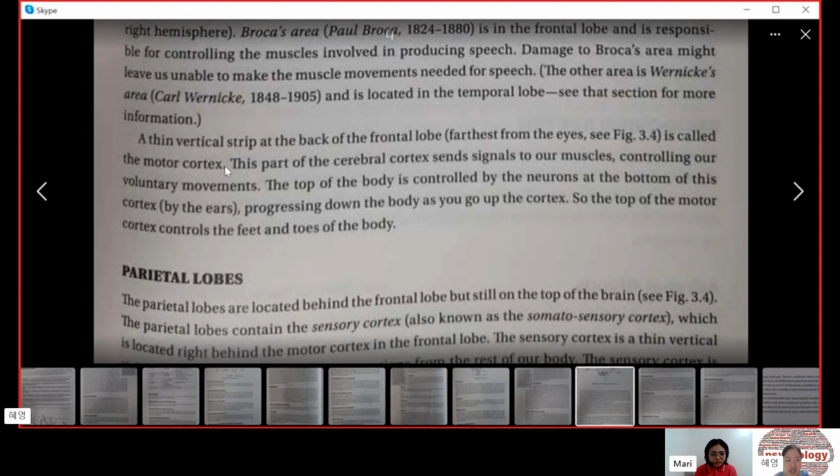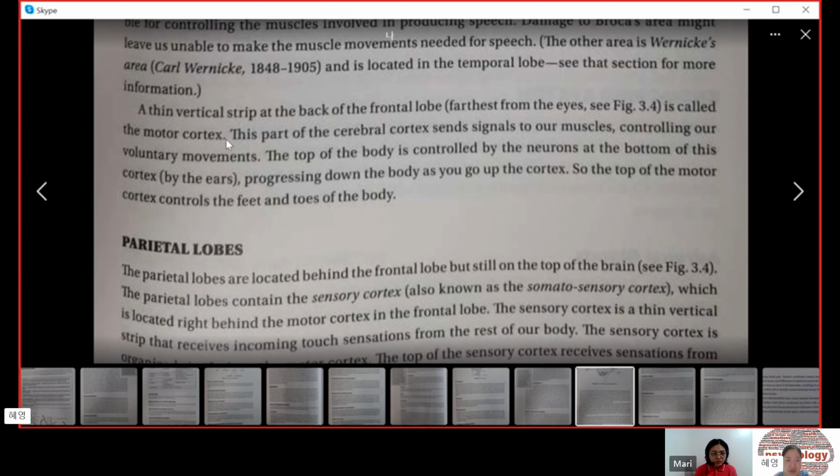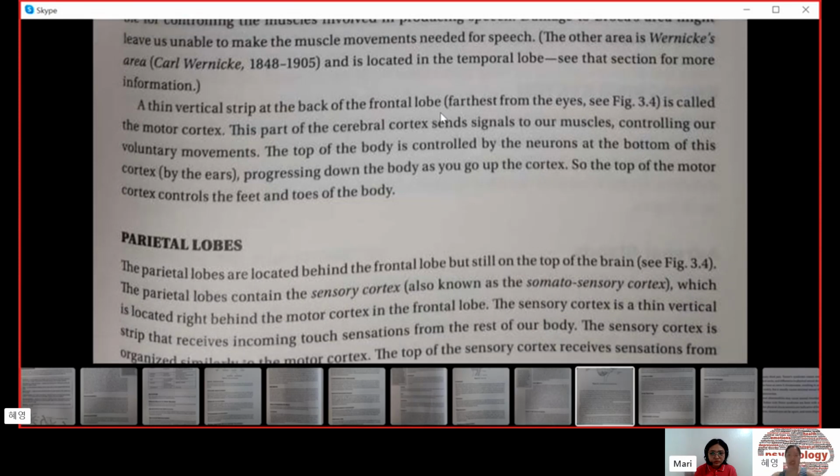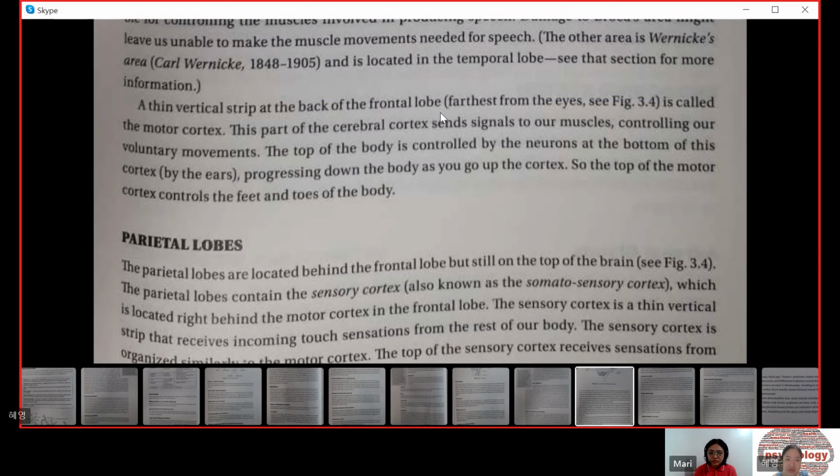A thin vertical strip at the back of the frontal lobes, apart from the eyes, is called the motor cortex. This part of the cerebral cortex sends signals to our muscles, controlling our voluntary movement.